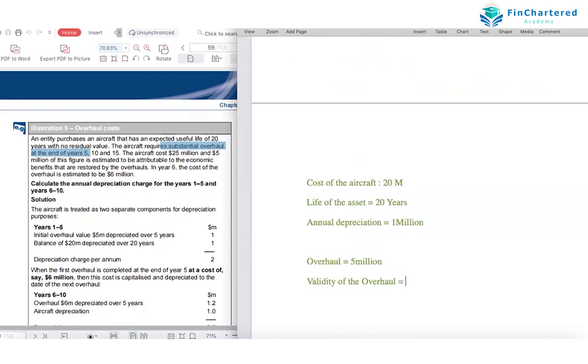So the depreciation charged would be how much for overhaul? 5 million for 5 years. How much would be the depreciation charge? Quickly, it is 1 million, guys. This is for year 1 to 5.